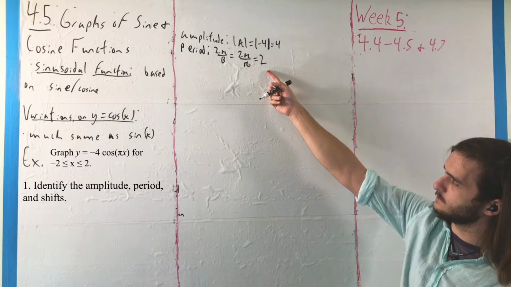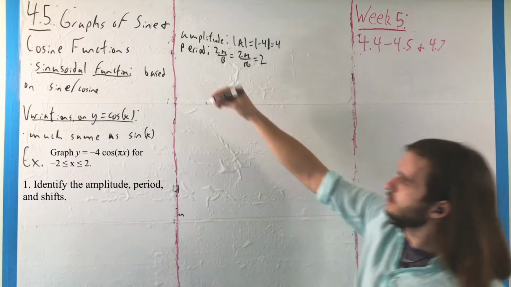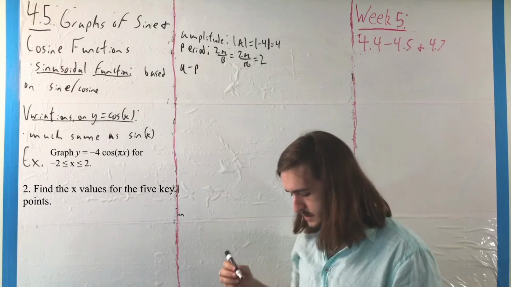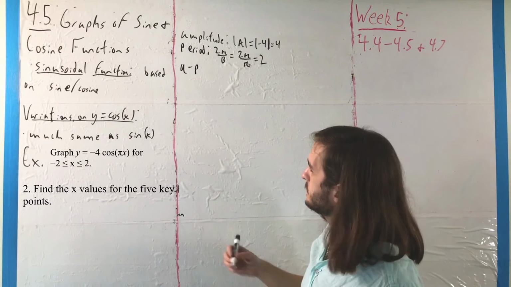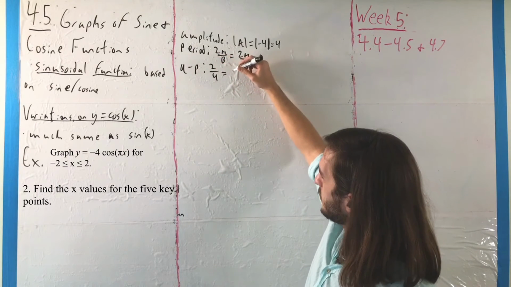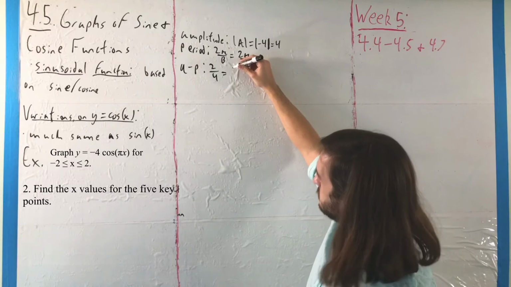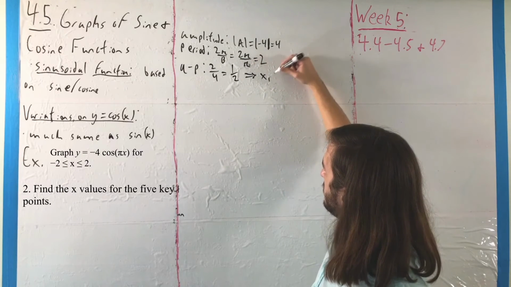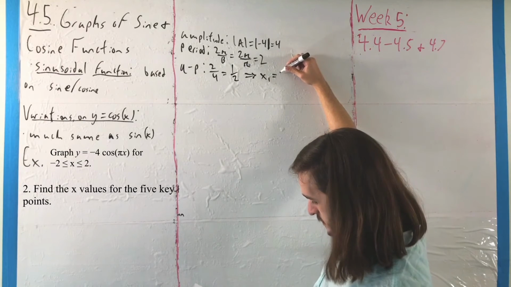But because our period is now in terms of 2, when we make our quarter periods, getting into that second step, we're going to be looking at 2 over 4, or 1/2. Which tells us our starting point for our 5 key points.